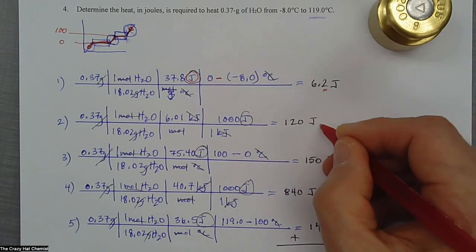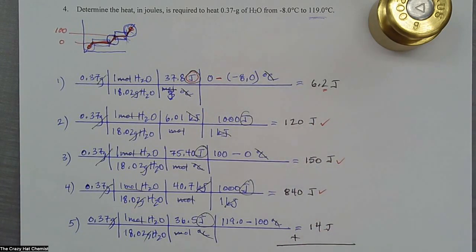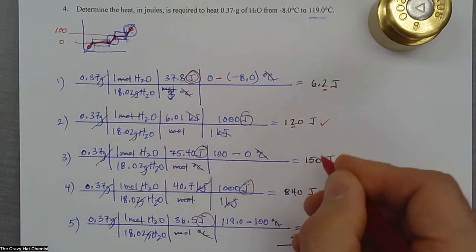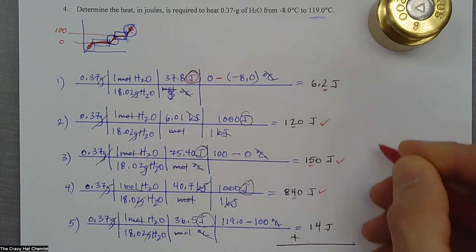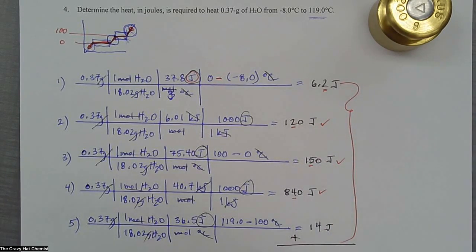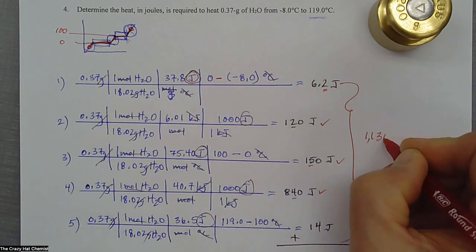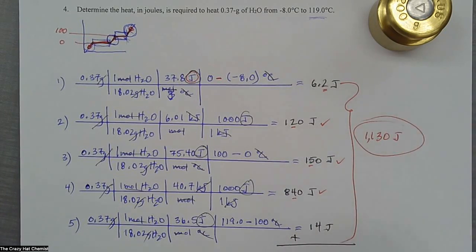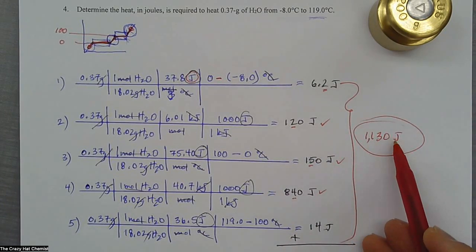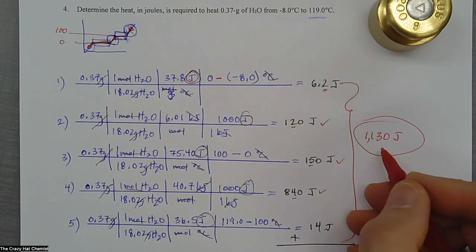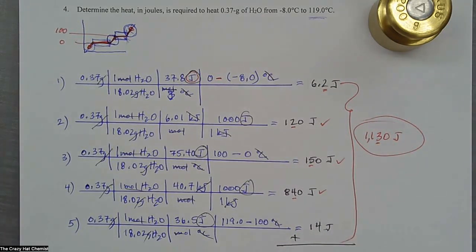And this step, and this step all have the same least amount of precision, which is they are precise in the tens column. So my answer, after I sum all 5 of these numbers up, is going to have an answer rounded in the tens column. And so this is my final answer, 1,130 joules, and that's rounded to the tens place. That's right there with that 3.